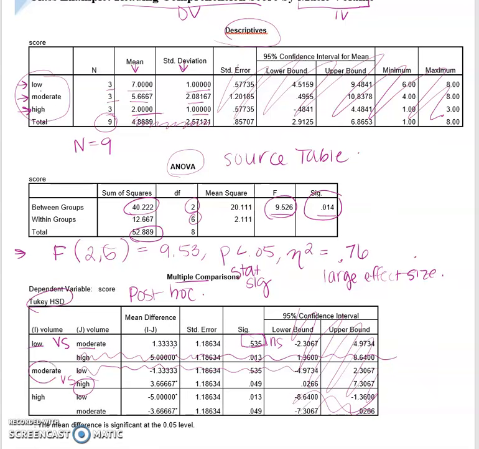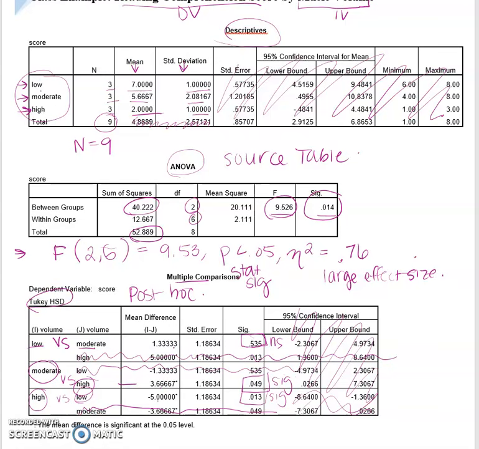And we want to know, what's the mean difference? It's 3.67, and we see that that is significant. It is less than 0.05. And then our final group that we're comparing is high versus low. So we can cross this one out here. High versus low, it had a 5-point difference, and that one was significant as well. So this was significant, this was significant.